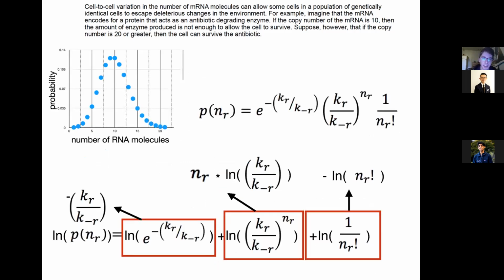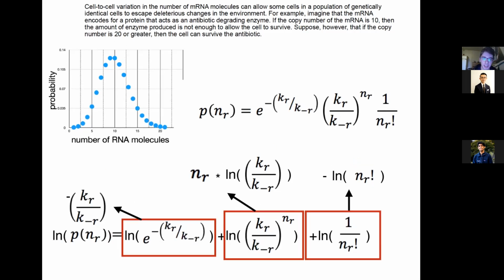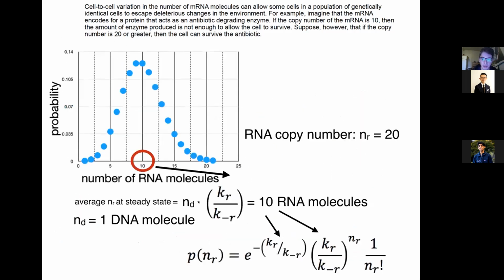But if you wanted to take the natural log of both sides to get a more accurate answer, you could do the following: take the log of both sides, separate the terms by addition since they're all being multiplied, and then simplify them via logarithmic properties. Once you get the natural log, you can just exponentiate it and you'll get the probability. But you could also just use this equation as well.